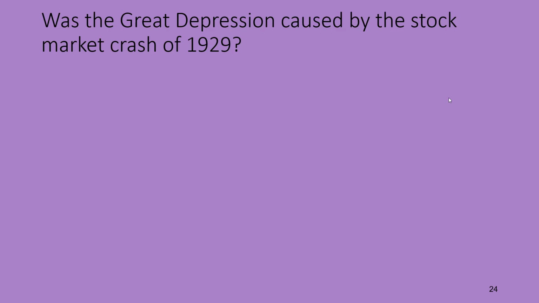So was the Great Depression caused by the stock market crash of 1929? The short answer is probably, in terms of the initial downturn, but the length and severity of the depression might have been caused by quite a few other factors. For those of you who don't know the history here, stock prices plunged from September through the end of October in 1929.